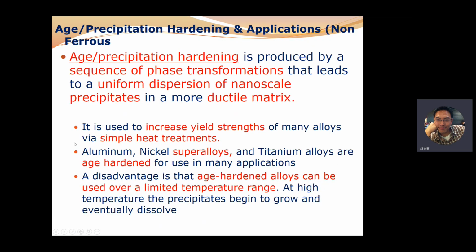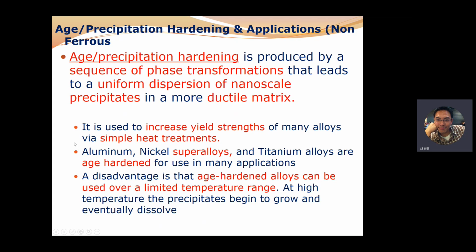Okay, aging precipitate hardening applications for non-ferrous. Aging or precipitate hardening is produced by a sequence of phase transformations that leads to a uniform dispersion of nanoscale precipitates in a more ductile matrix. It is used to increase yield stresses of many alloys via simple heat treatment.